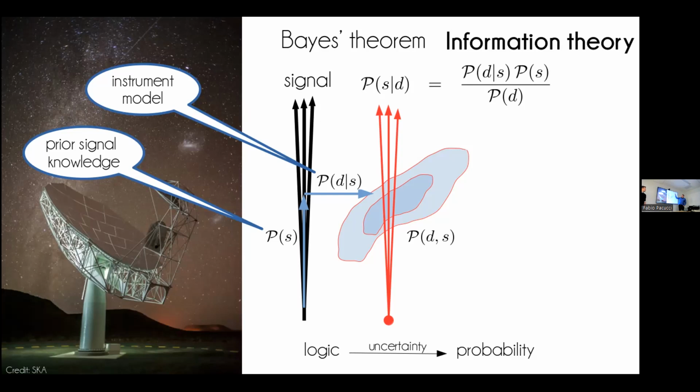And these two multiplied together define this one. The comma means an "and". So data has a certain value and signal has a specific value. The slash means conditional. So the data is unknown, and it's assumed that the signal is known in this expression.